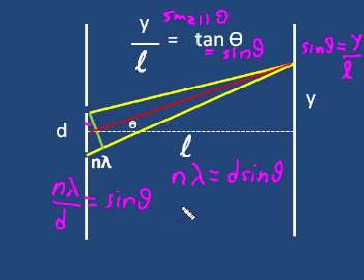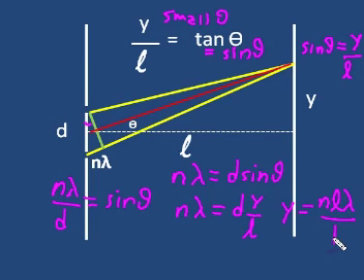We'll look at that in a moment. But now I can also say n times lambda is equal to d times sine theta is the same as y over L because the angle is small. And now I can rearrange that formula for y, and I will have an equation that will tell me where the fringes are to be found relative to that central maximum. Very important equation: y equals n L lambda divided by d.